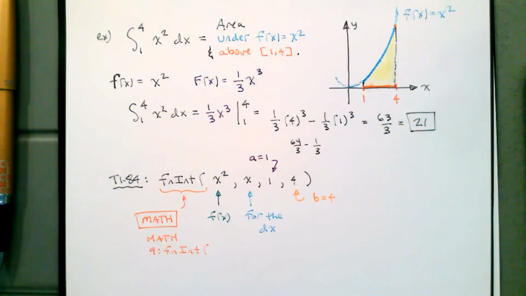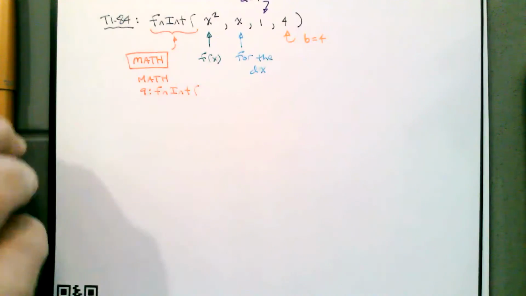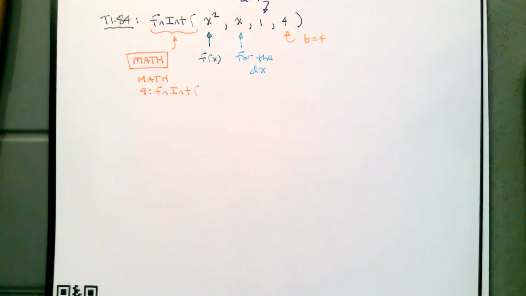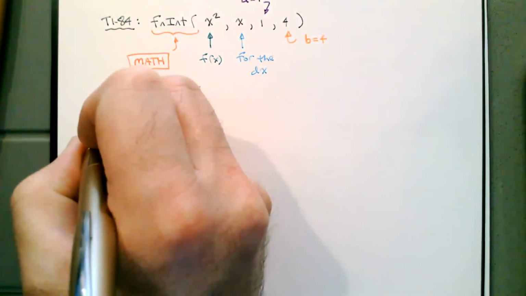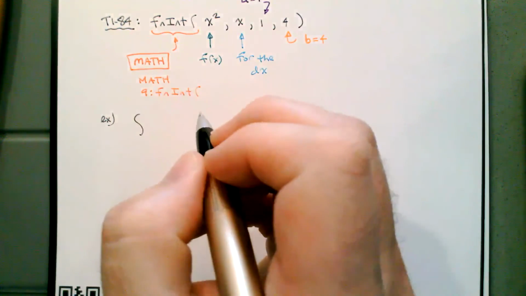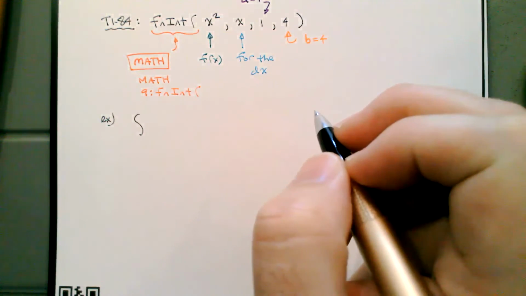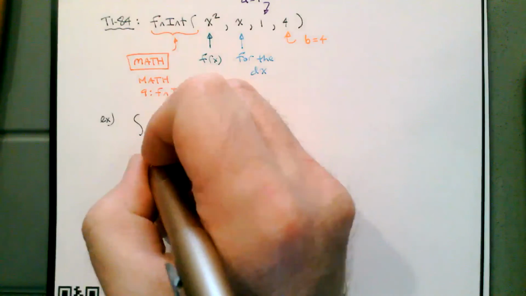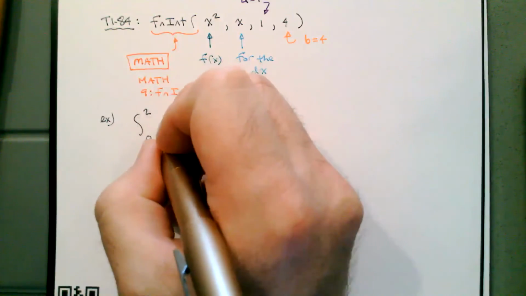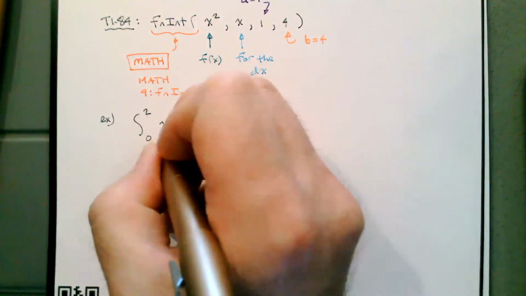Great. Let's look at another example and see what it's going to tell us. Let's suppose we want to calculate the integral from 0 to 2 of x squared minus 4 dx.